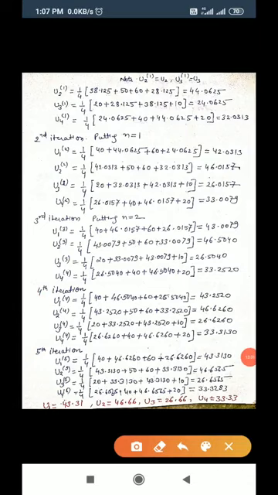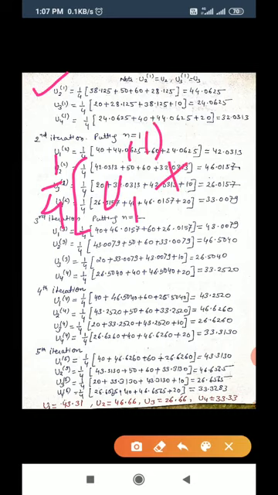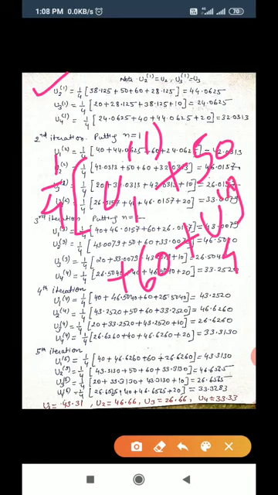Now we calculate u2^(1). So u2^(1) is equal to 1/4 (u1^(1) + 50 + 60 + u4^(0)).